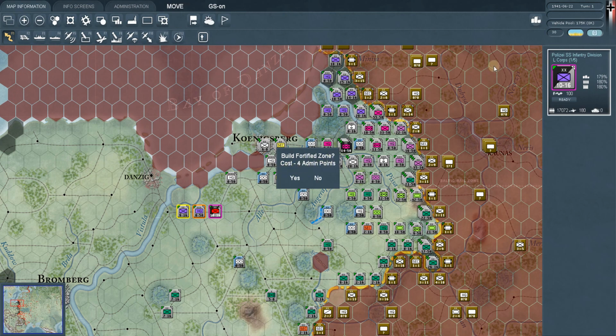It costs 4 admin points, AP. Now, I think I was calling these political points because that's what they're called in War in the Pacific. It's the exact same concept, but for some reason in War in the East, they call these admin points. Sure, it's fine, whatever. You only have so many of these, of course.